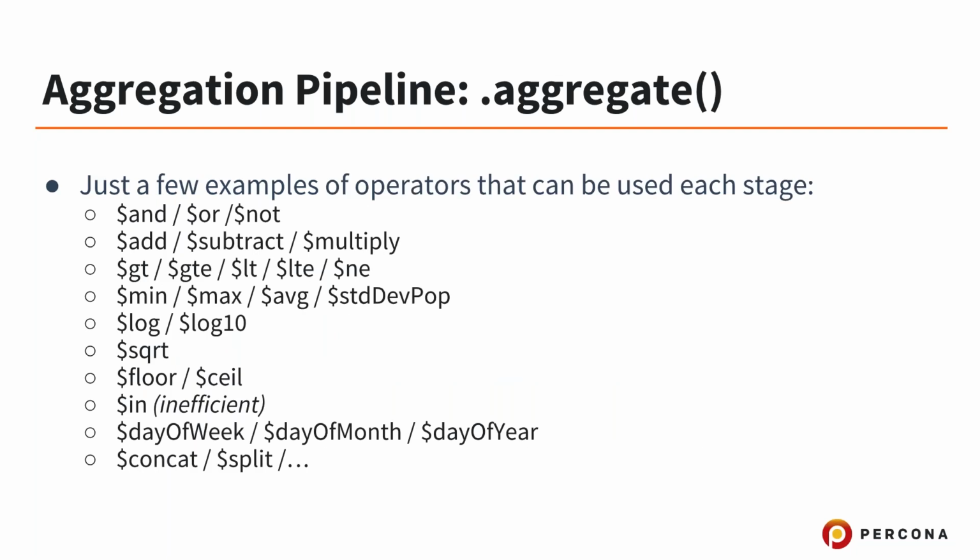I'm going to wrap it up pretty soon because the possibilities are almost too endless. But within each of these stages, you are able to access these variables I have on this page. And these are just some of them that are able to process numbers: less than, greater than, min, max, standard deviations, floor and ceil, days of the week, time processing, the difference between this timestamp and that timestamp, concatenating strings, splitting them.